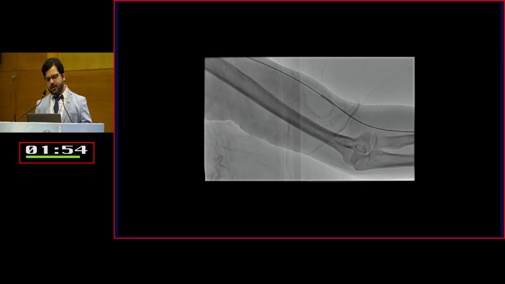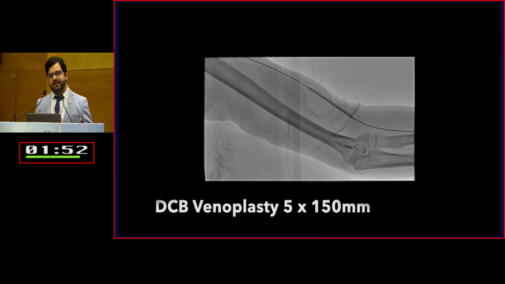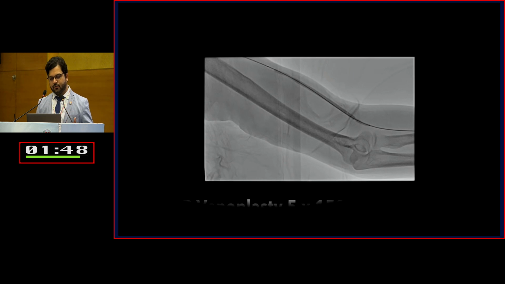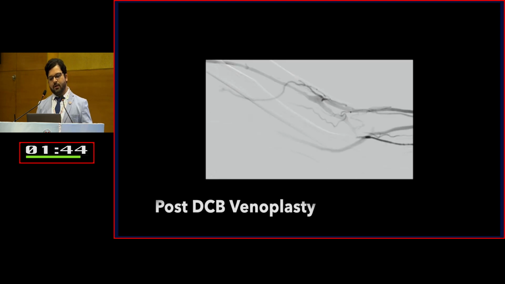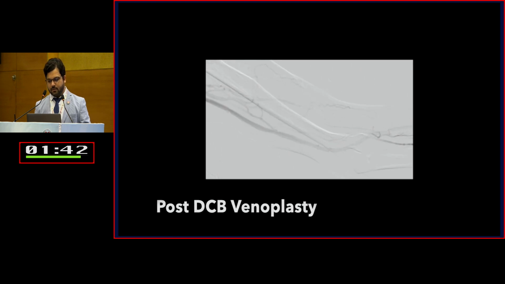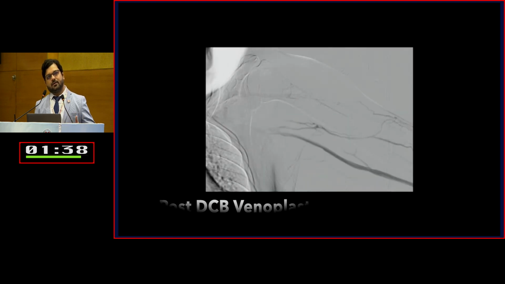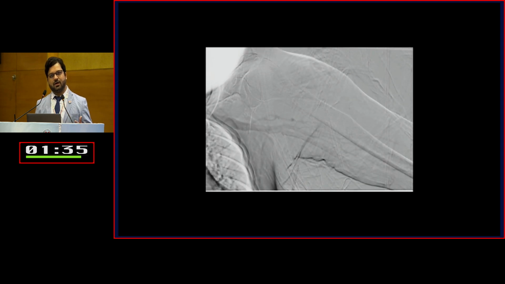So a good result, but to prolong the patency of this fistula, if we go according to literature, I decided to use a drug-coated balloon. It was a 5 by 150 mm drug-coated balloon, and we can see a good result after the post-DCB venoplasty. So I expect that the patency that I will see in this fistula, maybe after 6 months or 12 months, will be much better than if I had done only a plain balloon angioplasty.